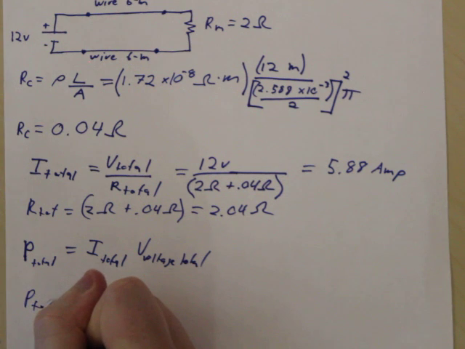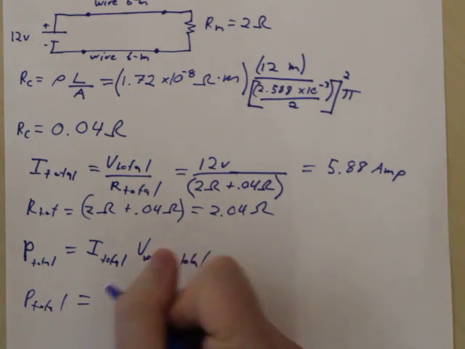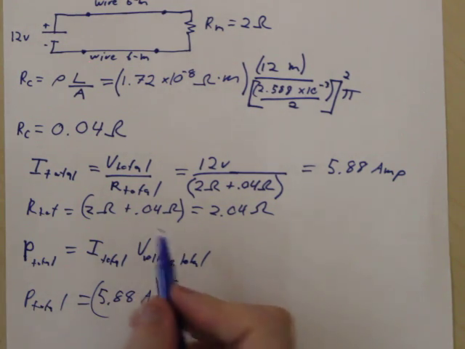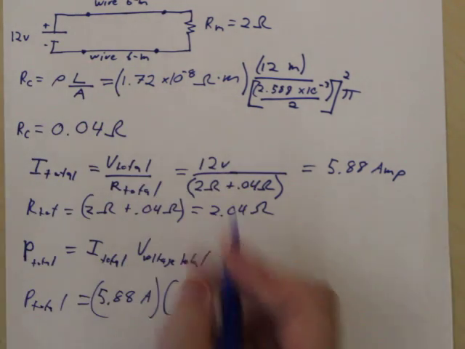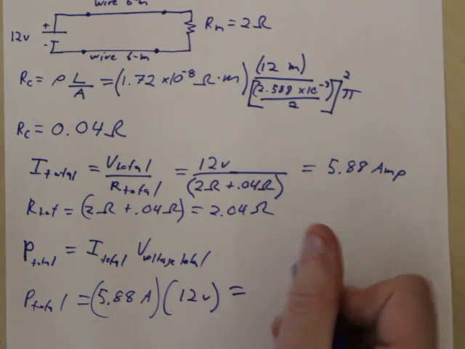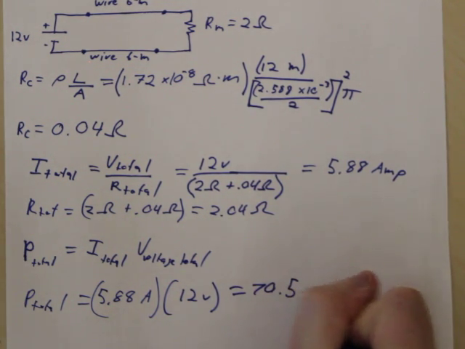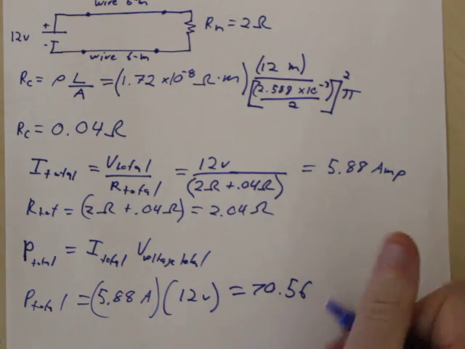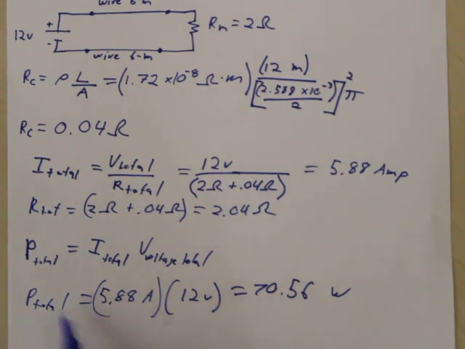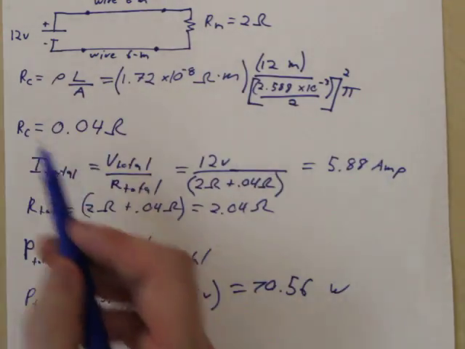So power total equals 5.88 amps times, what did I say, 12 volts, right? 12 volts. And so the power total is going to be 70.57. And what's the unit for power? It is watts. Cool. So 70.56 watts is the total power in this entire system here.